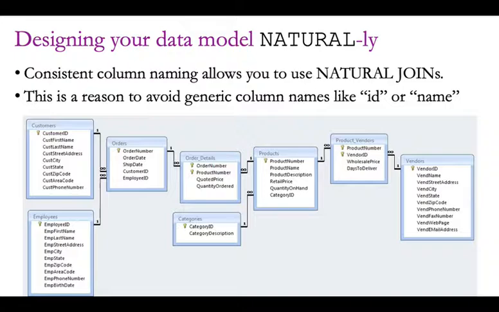But you can only use those natural joins if your data model was designed naturally, in the sense that you're using the same column names in places where you have foreign keys, which are these references. So these databases I gave you are designed in such a way, like for example, it says product number here and it says product number there. It's spelled the exact same way. Wherever there's employee ID here, employee ID here, it's spelled the same way and it can match.